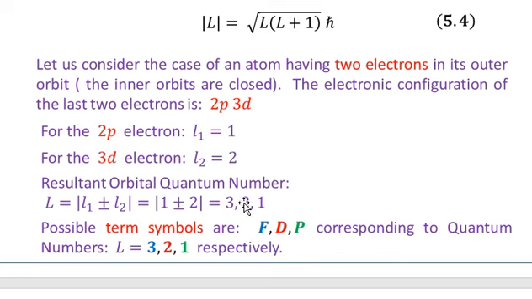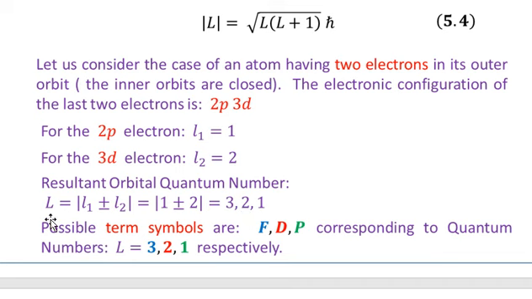If you add them, you will get 3. If you subtract them, you will get 1. And you also have to write down the integer allowed values between these extreme values. So between 3 and 1, the value 2 will exist.